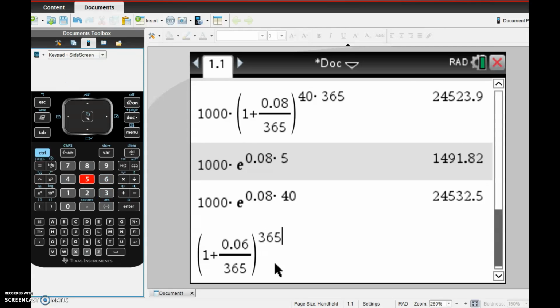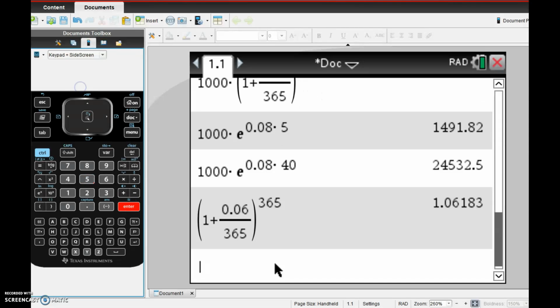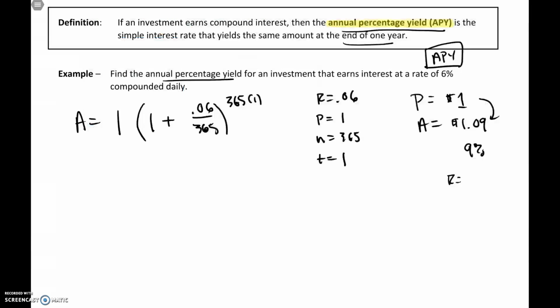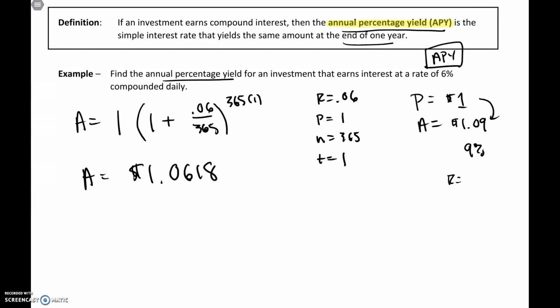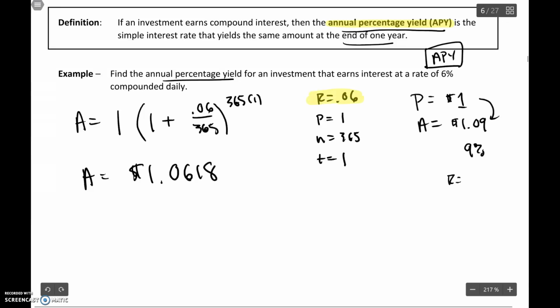I always say we should go 365.25 to account for leap year, but no. So $1, 6 cents, and 18/100ths of a cent. So the amount is going to be $1.0618. So I didn't actually earn 6% for the year because I was compounding it. What did I actually earn? I actually earned, it looks like, 6.18% about.